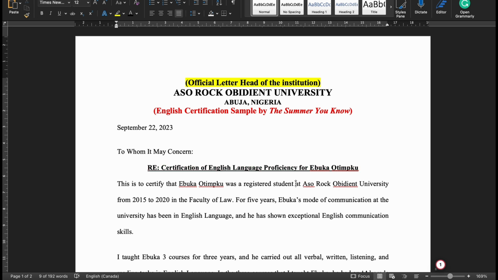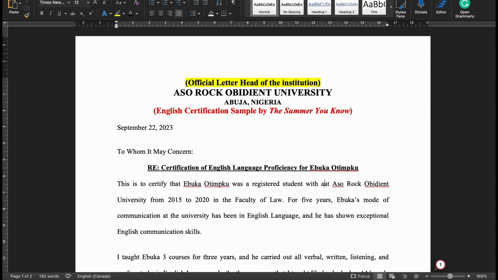If I'm you, I'll say was a registered student with student number 45902 at Aso Rock Obedient University from 2015 to 2020, in the Faculty of Law.